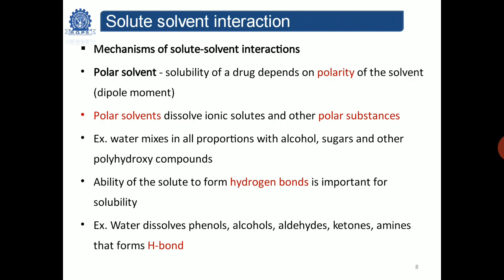Now what is the mechanism by which these substances become soluble in the water? The first mechanism is the ability of the solute to form hydrogen bonds with the water, and that is important for the solubility. Now you must know the meaning of hydrogen bond.